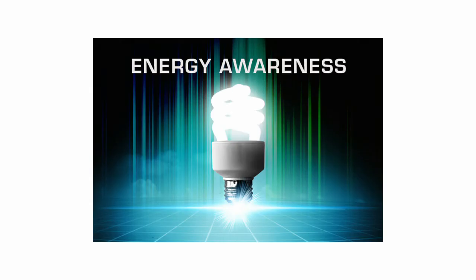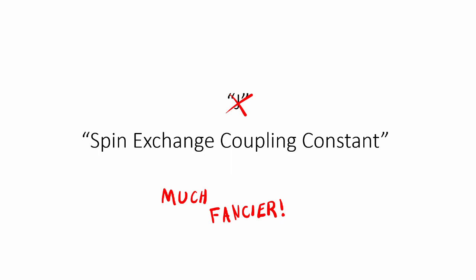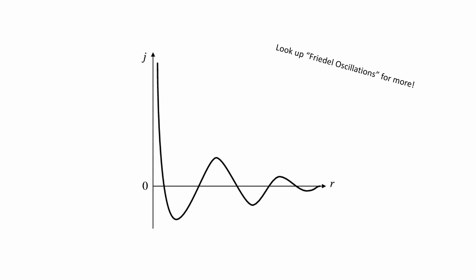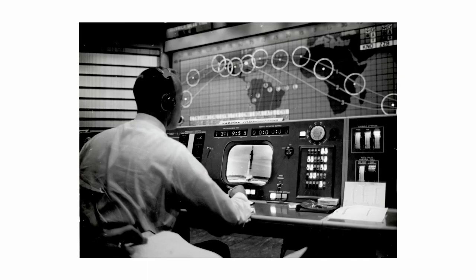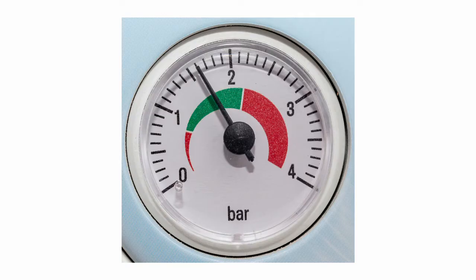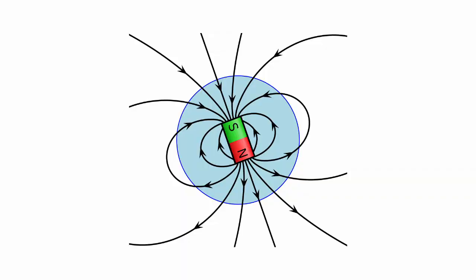This is called hybridization, and keeping track of it is mostly a matter of noting the resultant change in energy, which in this case can all be boiled down into one hybridization constant, sometimes referred to as the spin exchange coupling constant. Its exact value can vary between materials as a result of their chemical makeup, but it can also be precision controlled through the pressure exerted on the material, or by placing the material in a controlled magnetic field.